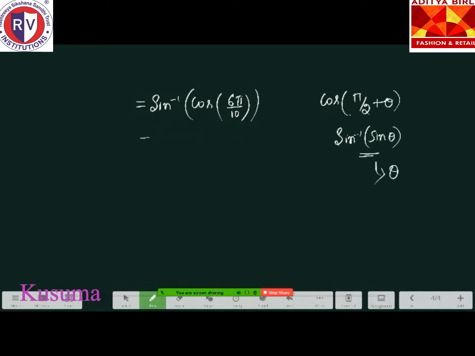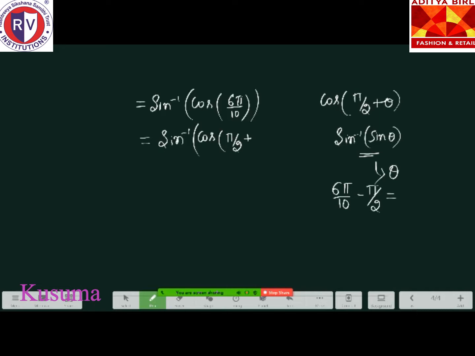So sine inverse of cos of, how can this be written as pi by 2 plus theta? What will be the theta here? Do it. 6 pi by 10 minus pi by 2, right? This will give the theta.